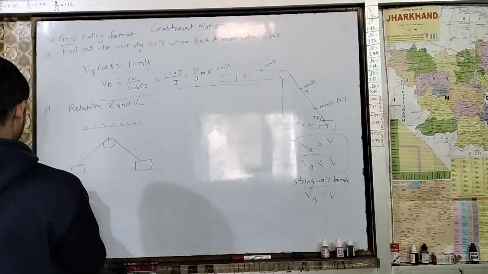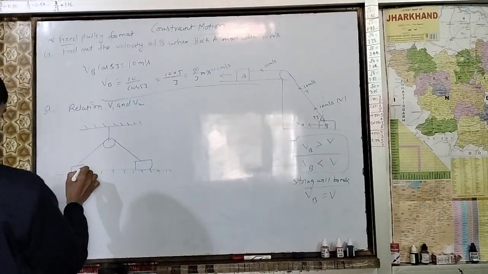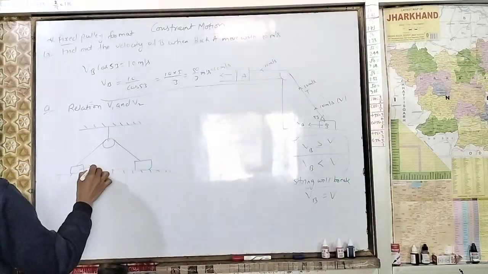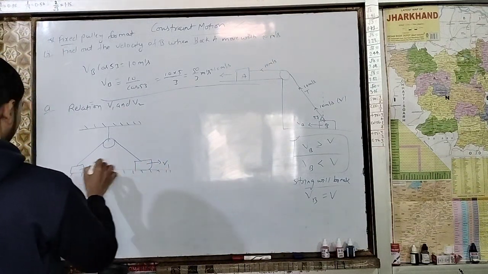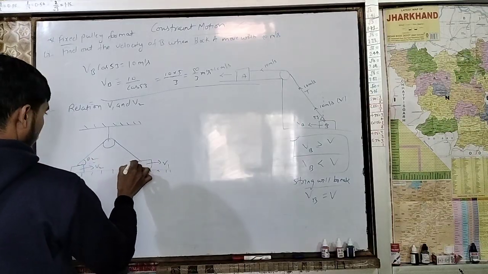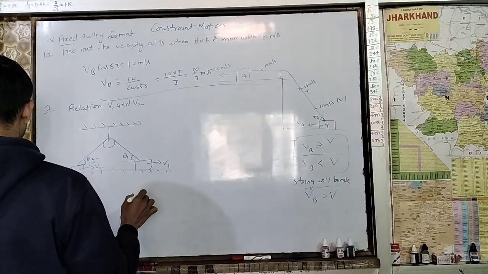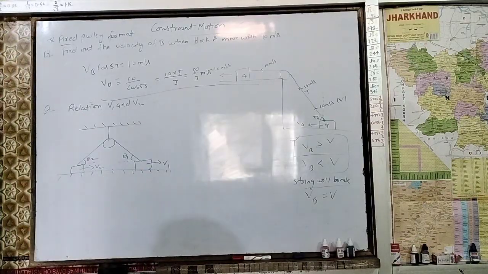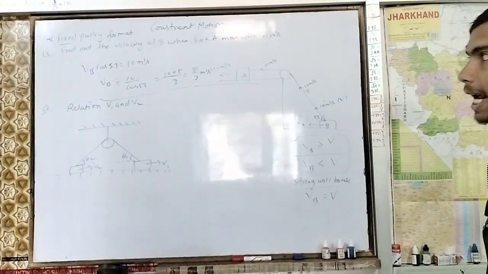There is a surface of Earth. Now this block is moving with V2, and this with V1, the angle over here is theta 2, and the angle over here is theta 1. The question is asking what would be the relation between V1 and V2. According to you, what should it be?